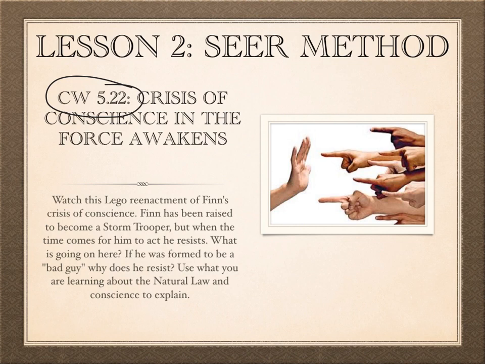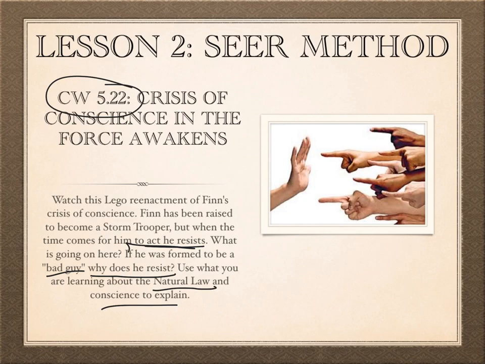I'll show you where this is on Schoology. It says, watch this Lego reenactment of Finn's crisis of conscience. Finn has been raised to become a stormtrooper, but when the time comes for him to act, he resists. What's going on here? If he was formed to be a bad guy, why does he resist? Use what you are learning about the natural moral law and conscience to explain.